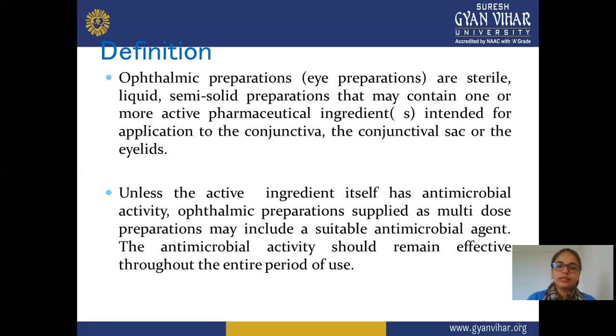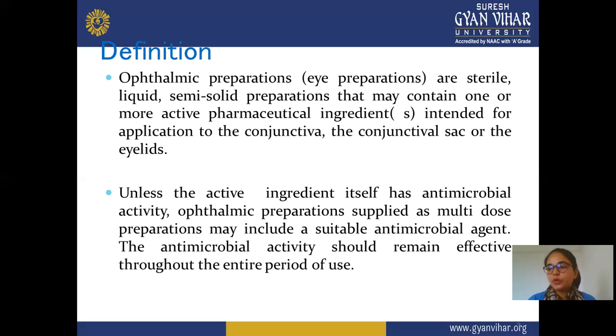Next, unless the active ingredient itself has antimicrobial activity, an ophthalmic preparation supplied as a multiple-dose preparation may include a suitable antimicrobial agent, and the antimicrobial activity should remain effective throughout the entire period of use. This means these ophthalmic preparations should not get contaminated or support any growth of microbes, and should be free from microbes.